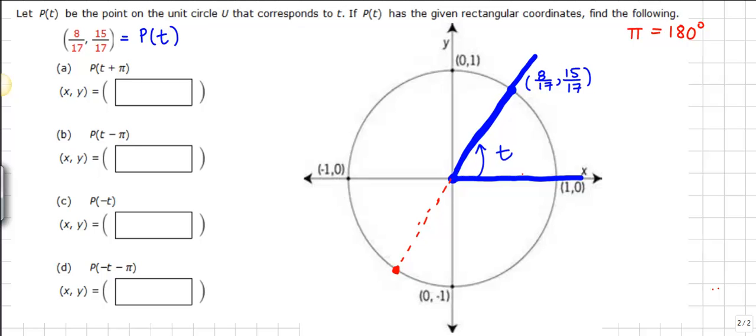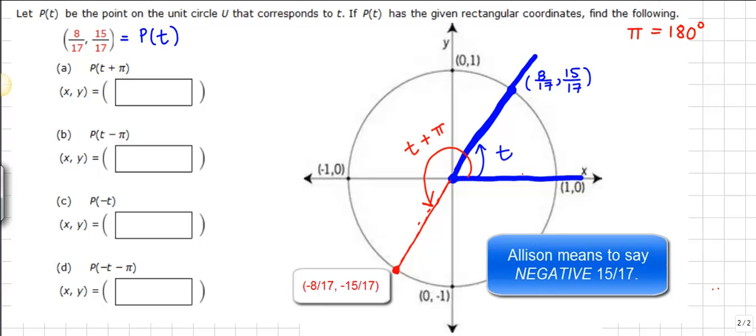So if we rotate 180 degrees or pi radians from the standard position of t, this would be the angle t plus pi radians, and you can look at the parallels here and the continuation of this line, that this new ordered pair would have to be negative 8/17, comma 15/17.